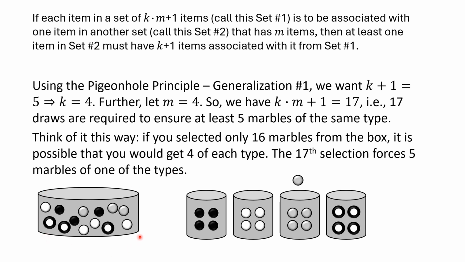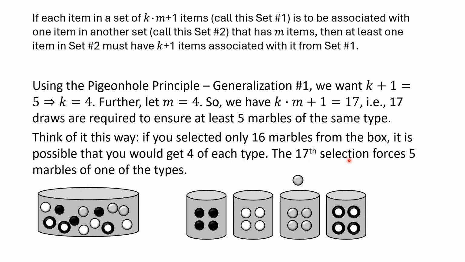So let's model this as a large container that has all these 4 types of marbles, and we're going to draw them out randomly, so we're not looking at what's being selected, and we're going to put them into 4 stacks or 4 containers. So we'll have a container for the black and another one for the white marbles, and so on.